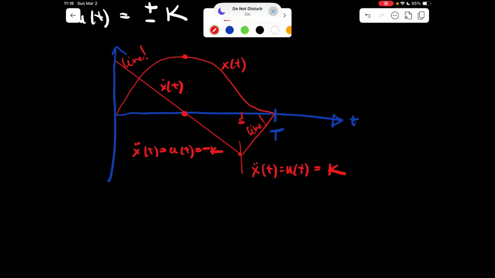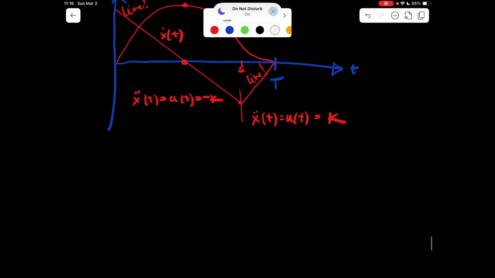Okay, so what we know is straightforward. We are looking for a function ut which is x2 dot, the second time differential of the velocity function.